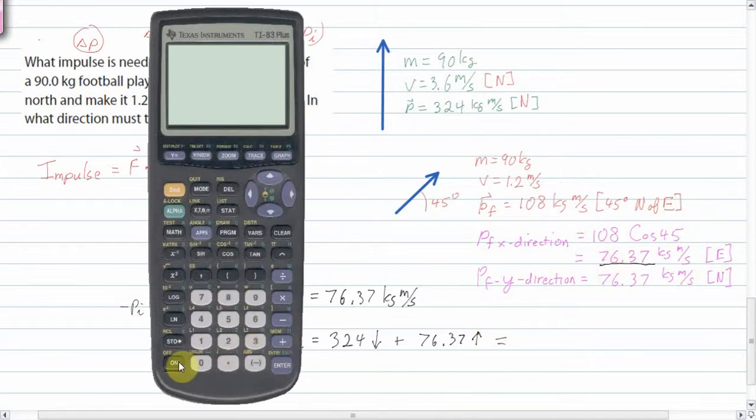So the end result is 324, subtract that last answer, the 76.37. That will be 247.6 down.